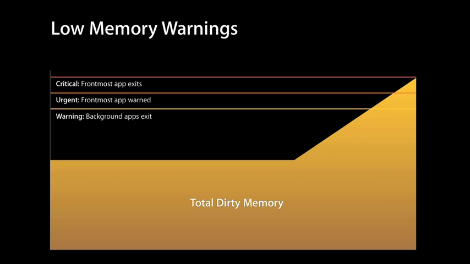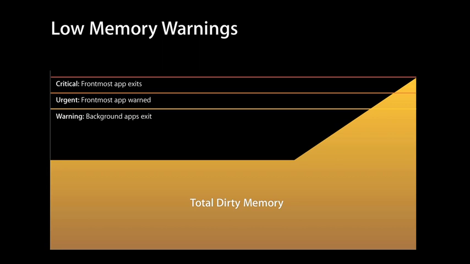Now, it's important to realize this behavior is subtly different from the way that things worked on iOS 4. On iOS 4, as memory usage got greater and greater, the frontmost app would be notified at the same time as the background applications. What ended up happening is that it became a pretty decent strategy as a frontmost app to simply ignore the memory warnings, because you could probably count on some poor background app being killed instead.